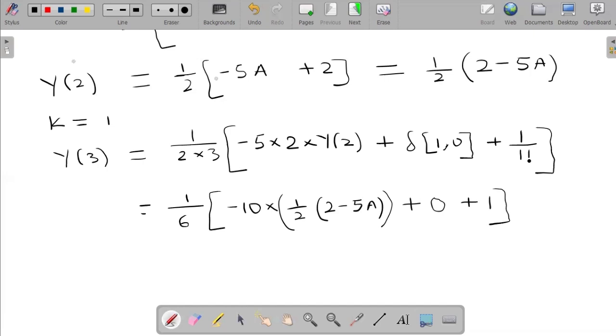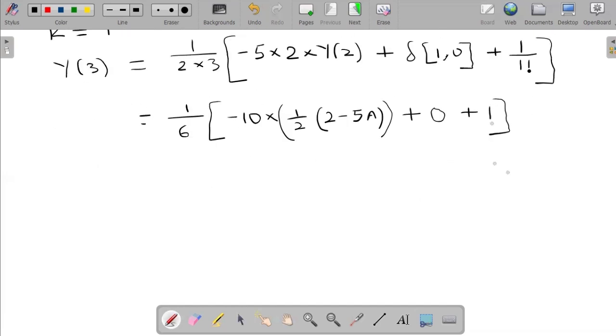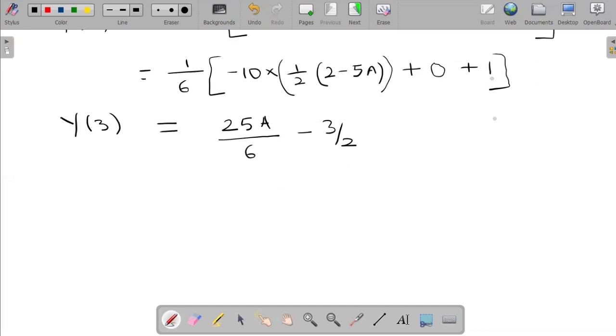So simplifying this, our y of 3 is going to give us 25a over 6 minus 3 over 2. So that's what we obtain for that.